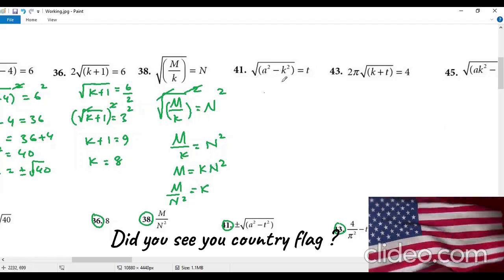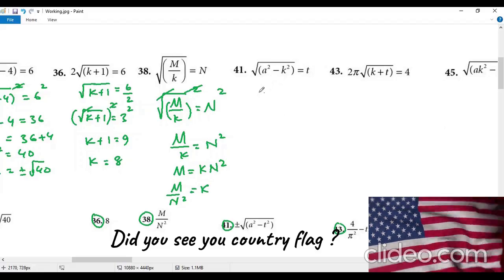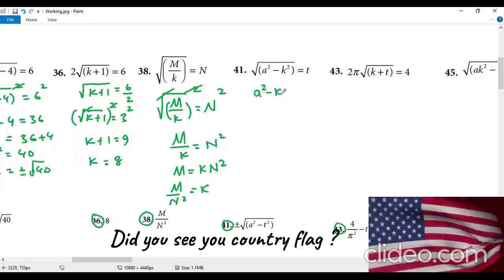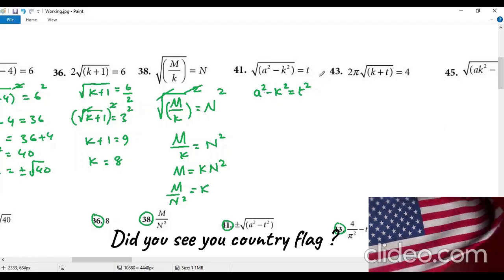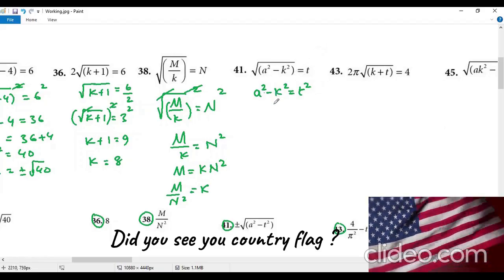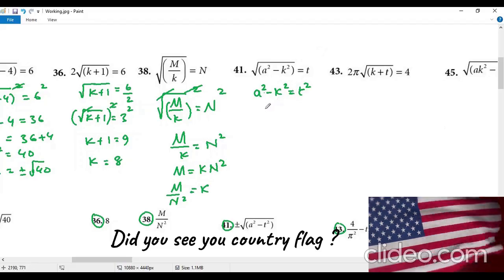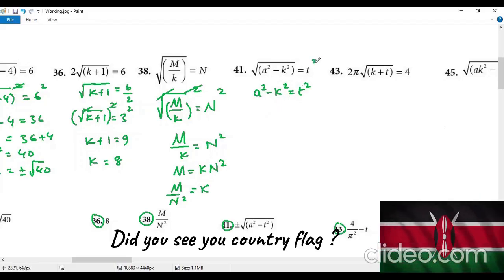Question number 41, squaring both the sides will give me a square equals k square plus t square. I'm not doing that operation to save time and for better understanding, because squaring this and squaring this will cancel these two. Now a square equals t square plus k square, and a square minus t square is going to be k square.